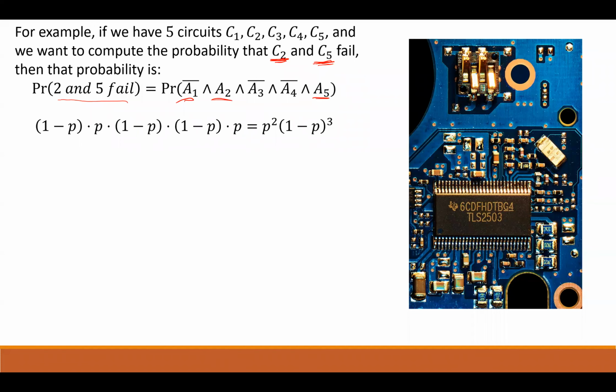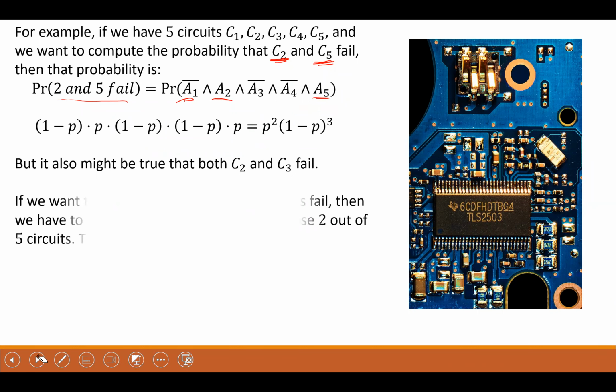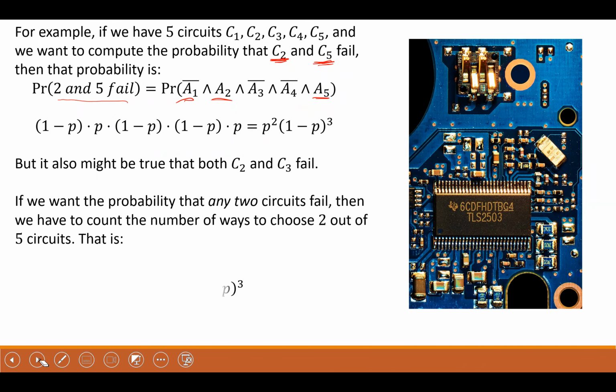So how many ways? Yeah, so there's 5 choose 2 of these. So this is the probability that exactly C2 and C5 fail and the rest don't fail, but I have to look at all possible combinations of 2 circuits failing. So I can multiply by 5 choose 2.